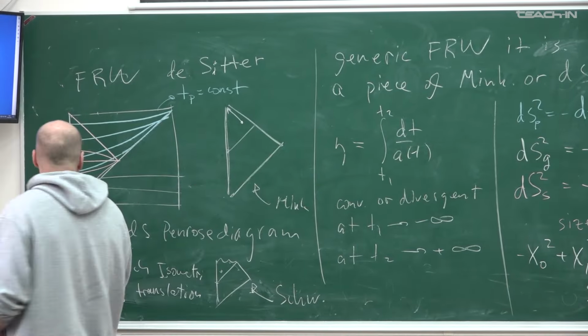Naively, we could consider expectation values of operators, say this O of x1, of x2, and this can be any operator, any favorite operator, a momentum of some particle or whatever that lives in your de Sitter space.